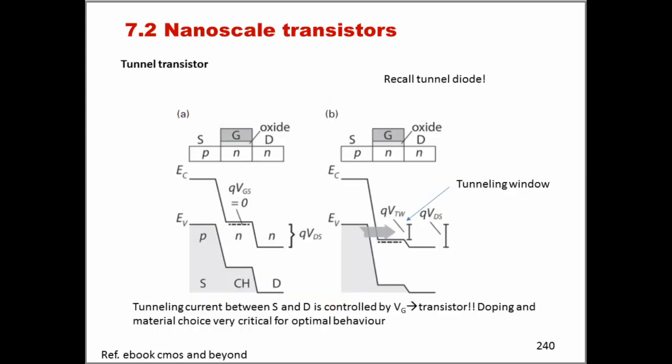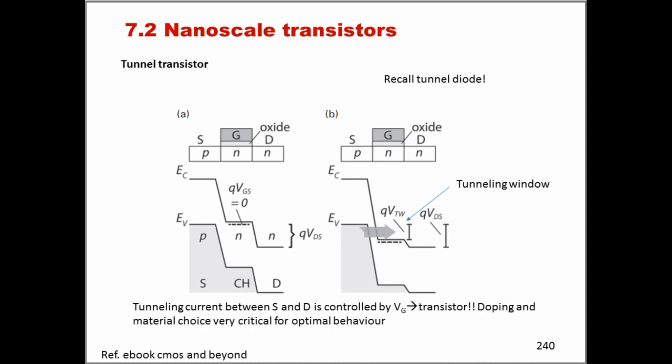In the next few slides, we will have a look at what could come after all these evolutions of the MOSFET device. Which other ideas are there to further scale the transistor concept?